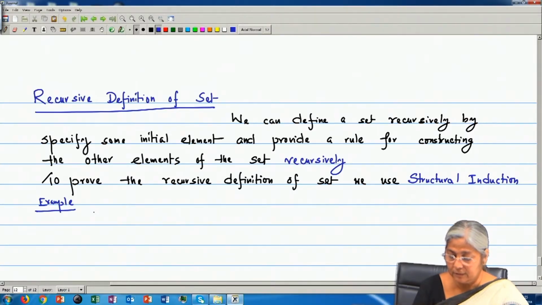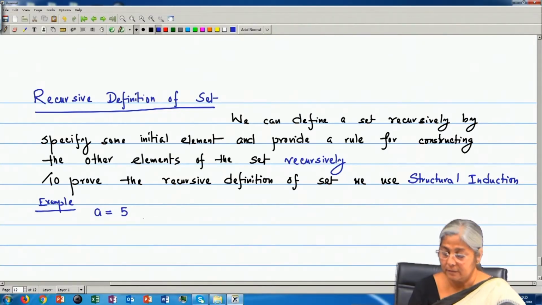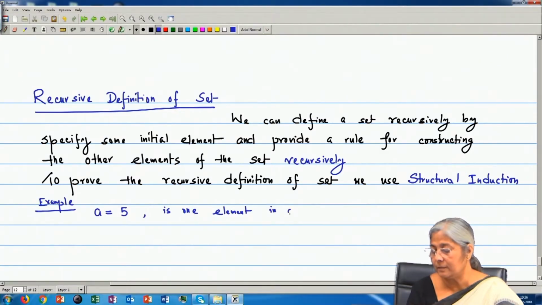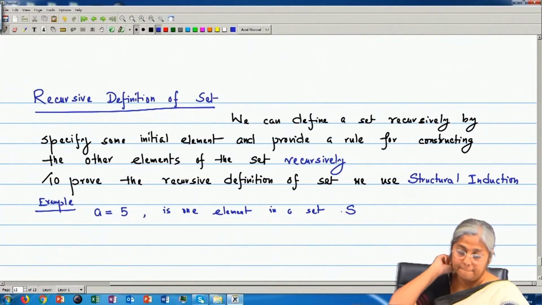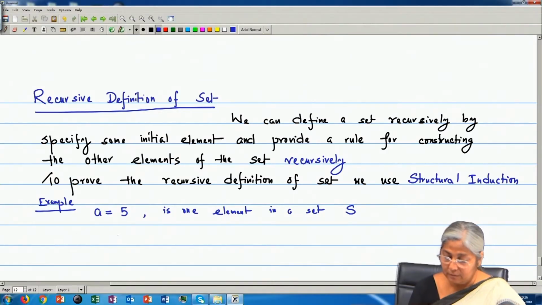So, I get one element a equal to 5 in a set S. Initially, I consider S to be 5.